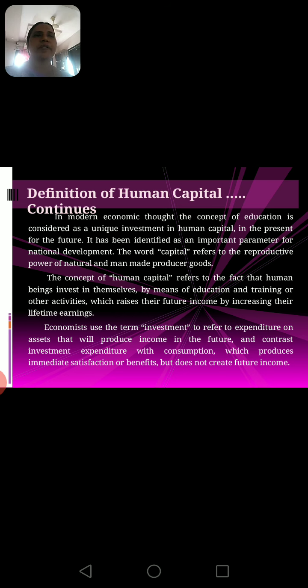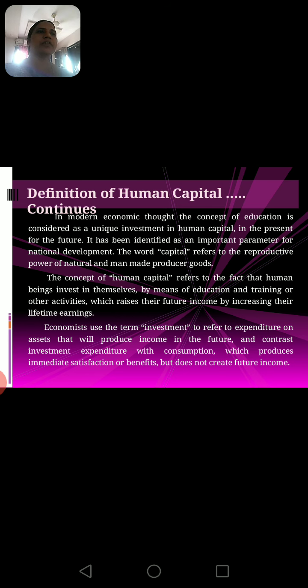The word capital refers to the productive power of natural and man-made produced goods. The concept of human capital refers to the fact that human beings invest in themselves by means of education and training or other activities, which raises their future income by increasing their lifetime earnings.